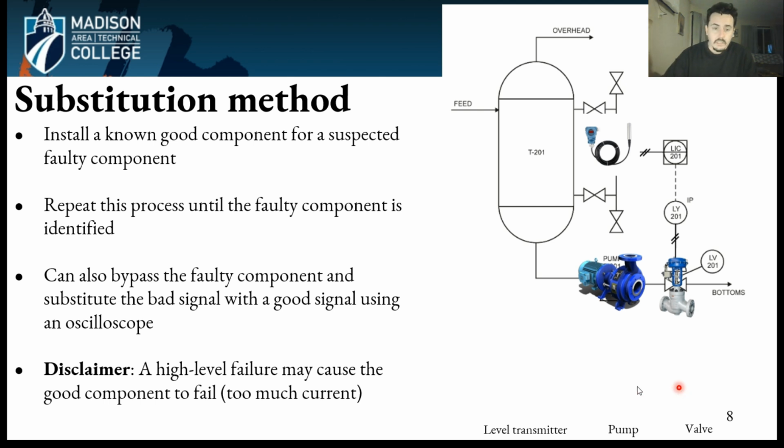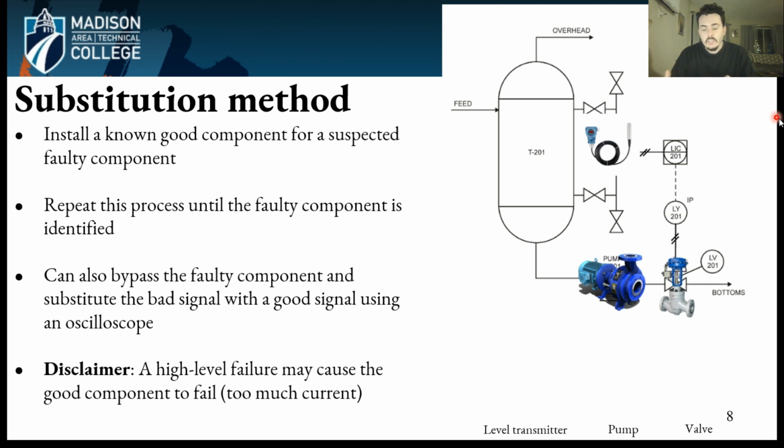One thing that you want to consider, this disclaimer down here, is that if there is a higher order failure, so if there is a failure that's occurring in the DCS, which is just controlling, talking to this liquid level control unit. This is a DCS, distributed control system. If there's an error with that, or if there's an error with your power supply or something like that, that may cause the good component to fail as well.